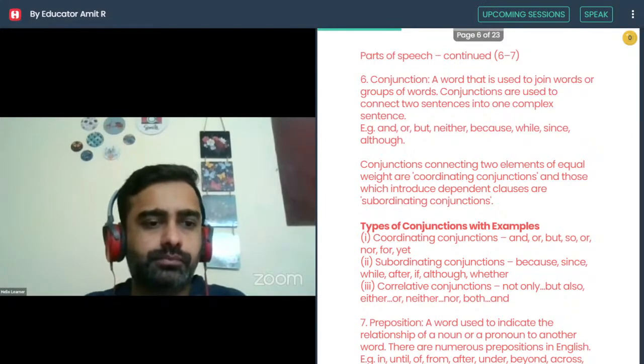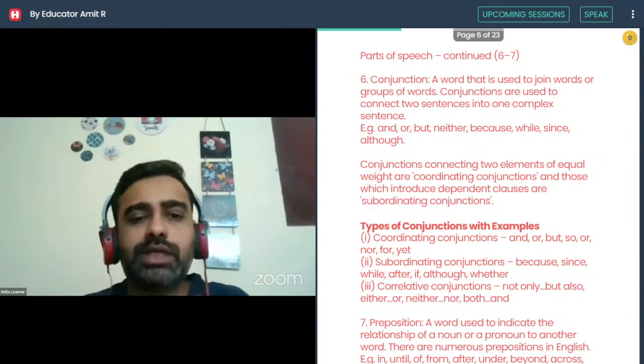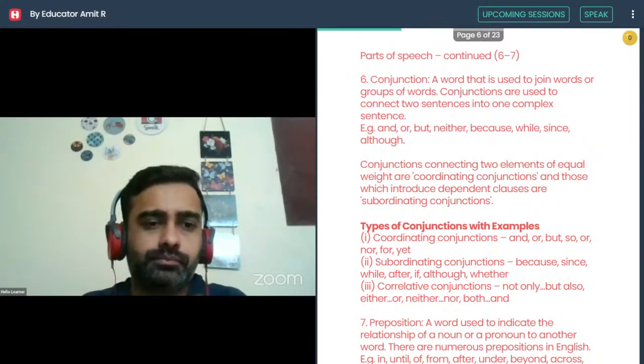Third one, correlative. Correlative conjunctions are used together, basically: not only but also, either or, neither nor, both and.